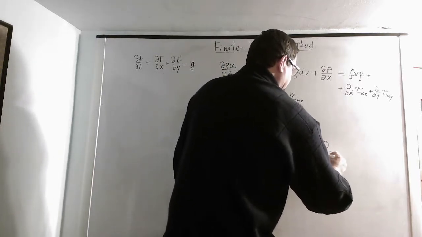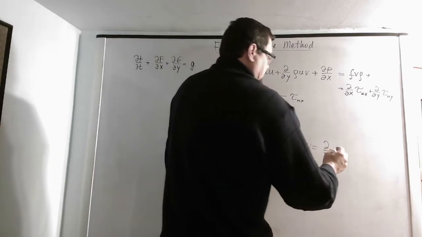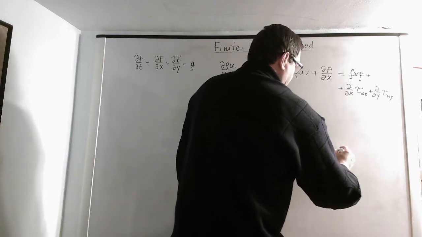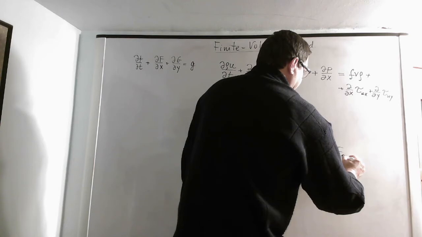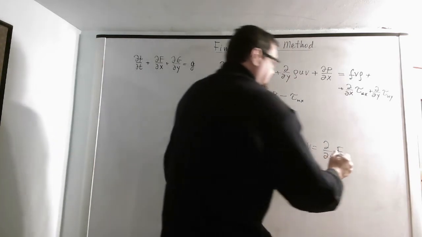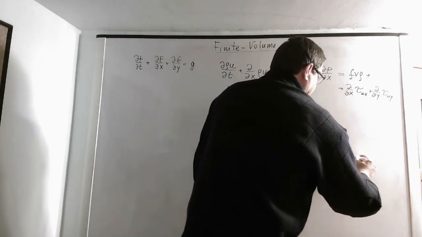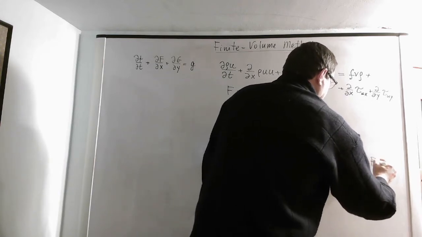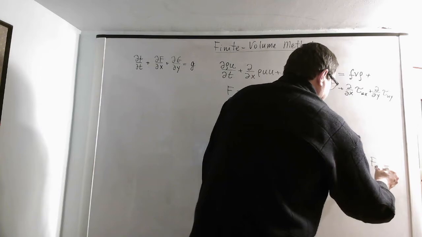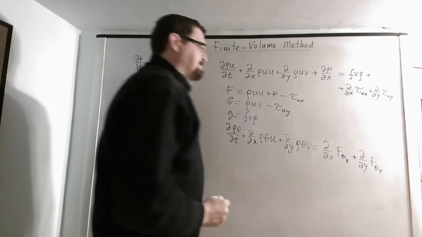Here you have, say, the flux of theta in the x direction. I won't specify them exactly here, just for notation. So it's the divergence of some heat fluxes in the x and y directions.